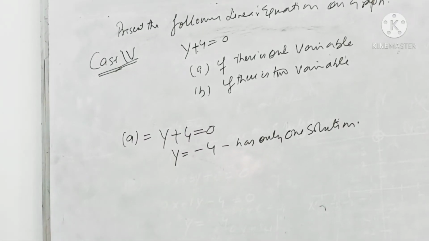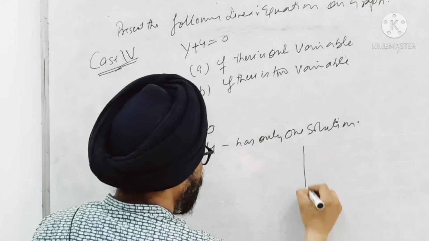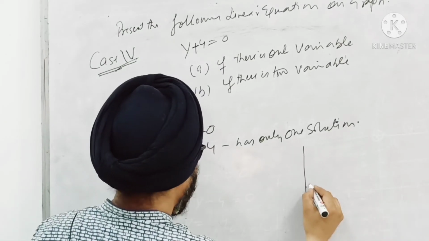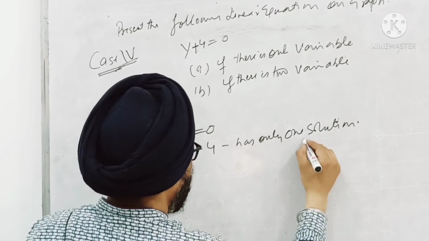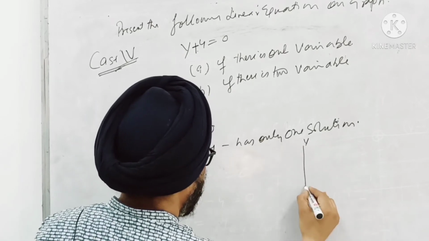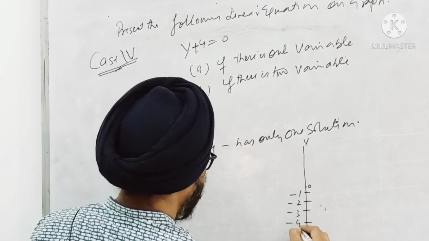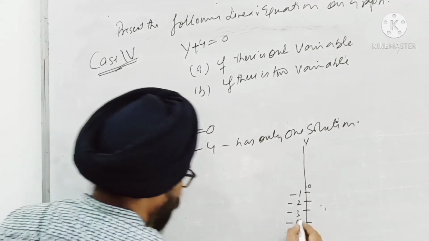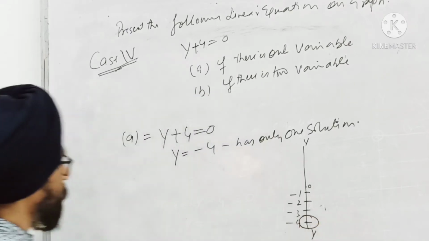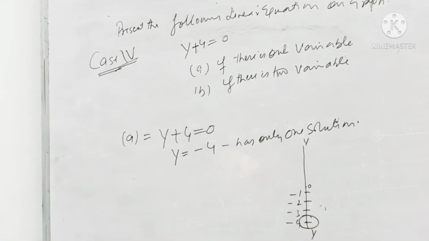In the case of one variable, the value is unique, only one. On the number line: minus 1, minus 2, minus 3 and minus 4. Here this is the point y is equal to minus 4.